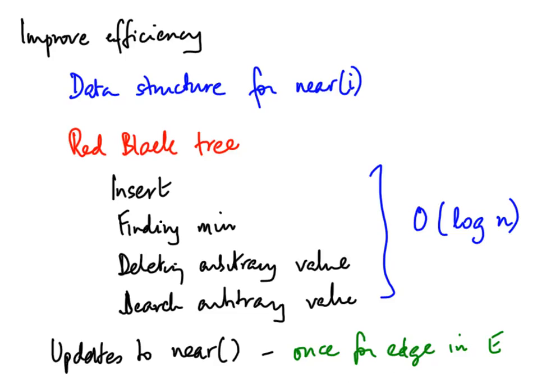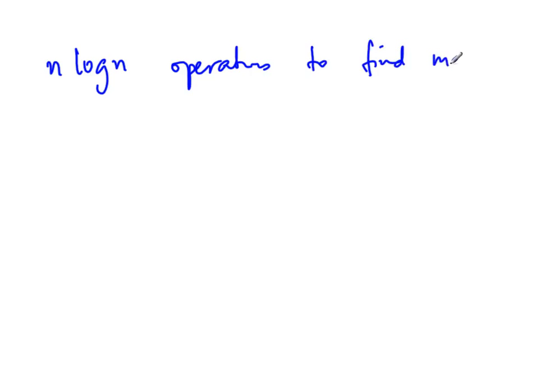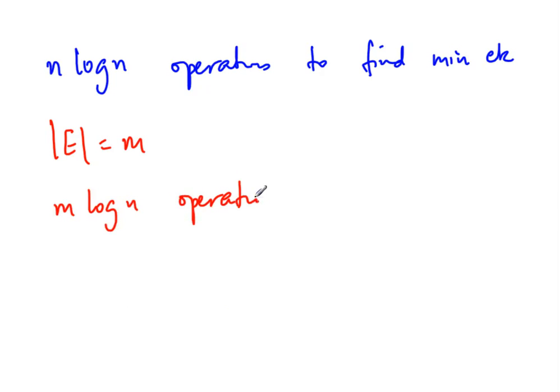Given this, we will have to do our old n log n operations to find the minimum, etc. And if the number of edges is typically denoted by m, we will have to do m log n operations overall to update the near values.